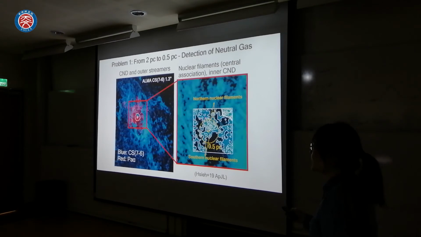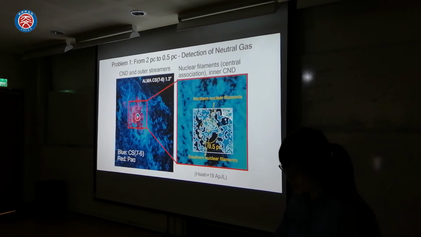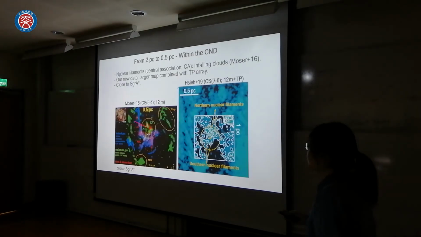The single-dish data, with the depth of the short spacing, also reveals the connection between the central concentration and the CND. So this is the difference between with single dish and without single dish.